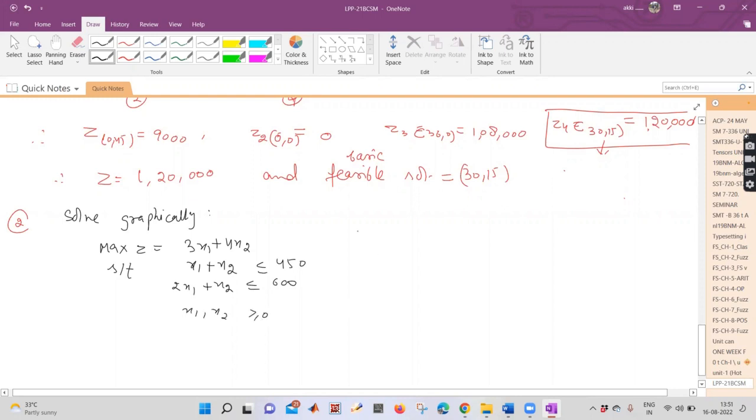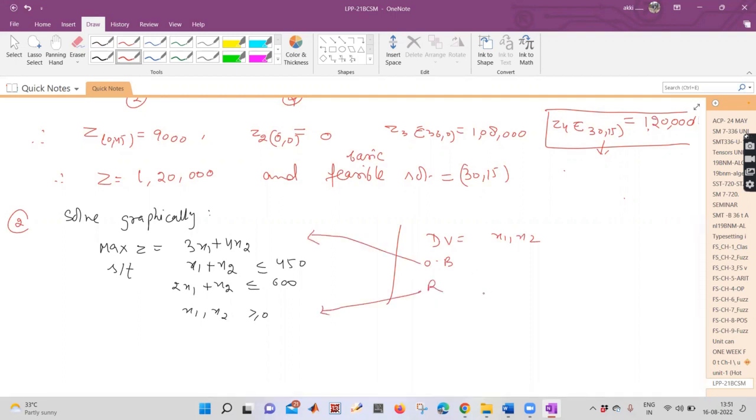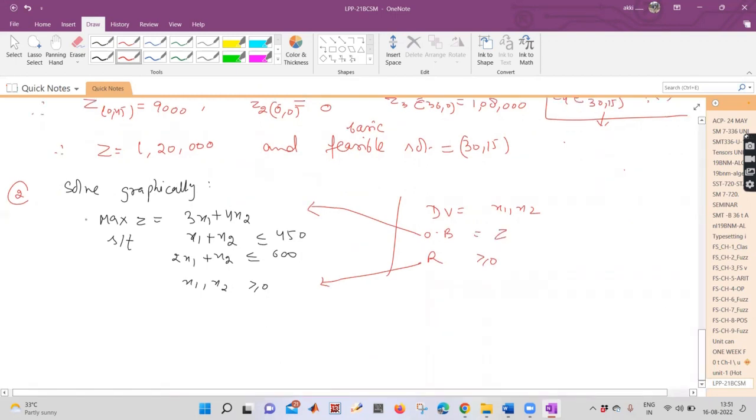So straight away you see, here your decision variables are x1, x2, the objective function is this one, and your restrictions are all greater than or equal to 0. Fine. So formulation is already done.